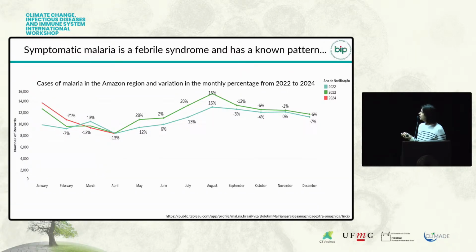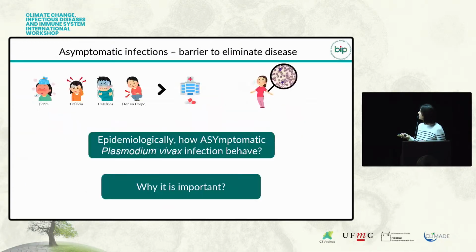So we know when we're going to have fewer cases and more cases. But how about the asymptomatic infection? Just to make it clearer, the asymptomatics are the ones that are infected, but they don't show any symptoms, or they don't show the symptoms that we are looking for, so they look healthy.